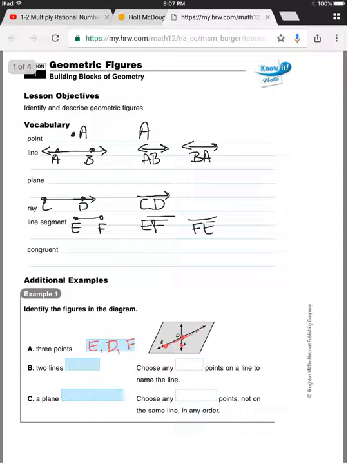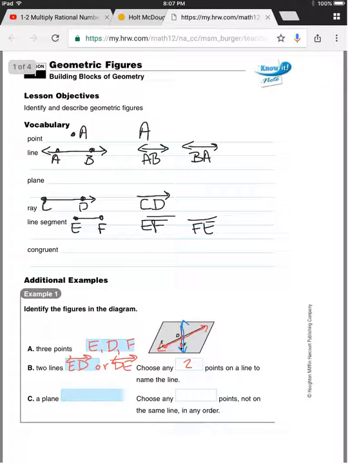Okay? Now we're naming 2 lines. Now this is a line because it has an arrow on either end. And this is a line because it has an arrow on either end. So we're going to name the red line first, and we just use the 2 points. It can be ED, but remember your notation, or it can be DE. We need 2 lines though, and that only names 1.